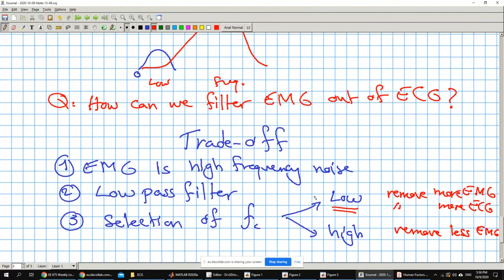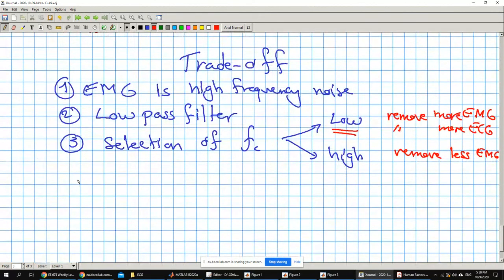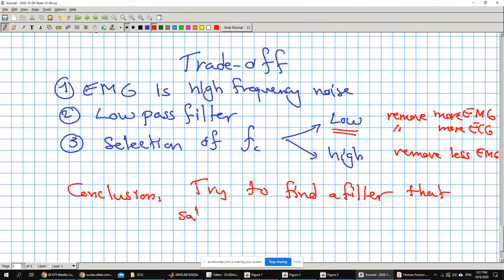So the best you can do, as a conclusion of this, is try to find a filter that satisfies the following.